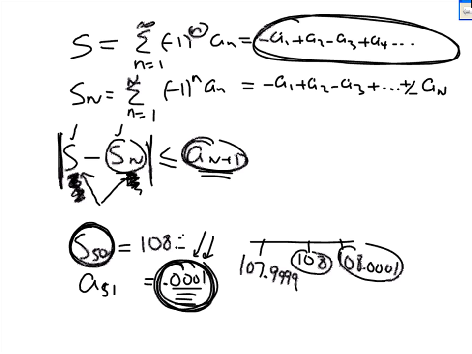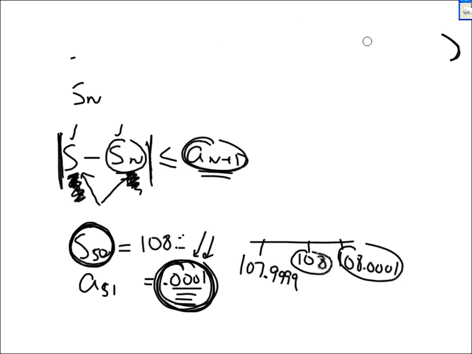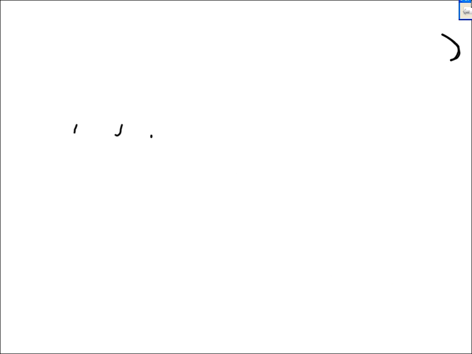Having said that, let's see what's up. S sub N is the sum of the first N terms, and big S is the sum of all the terms to infinity.